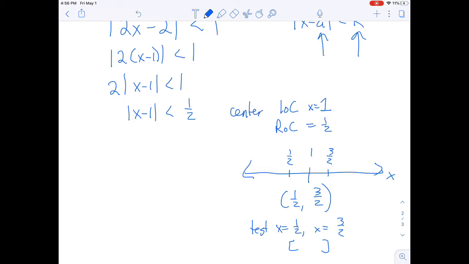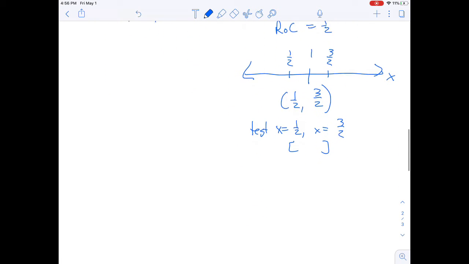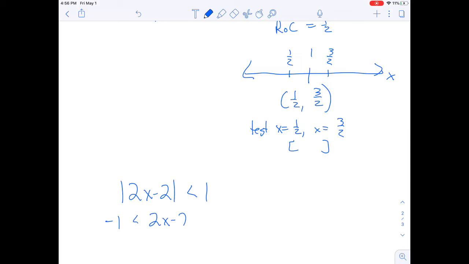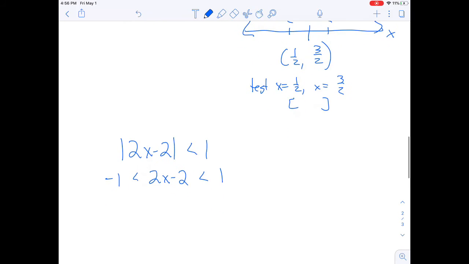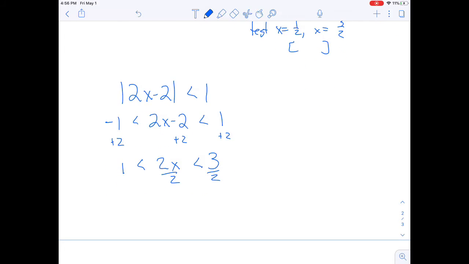I could have gone about this another way. So I could have said I have |2x minus 2| is less than 1, and then just gone right along with my algebra. And here I would have ended up with the same interval. So I'd have to do a little bit of work to think about, well, what is the radius of convergence and what is the center?